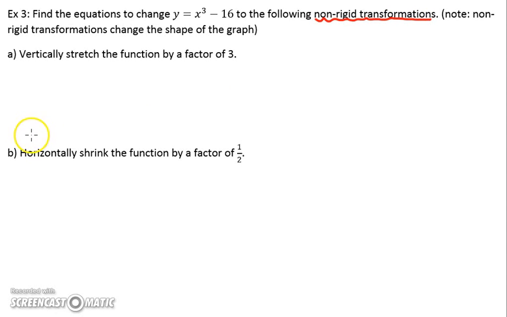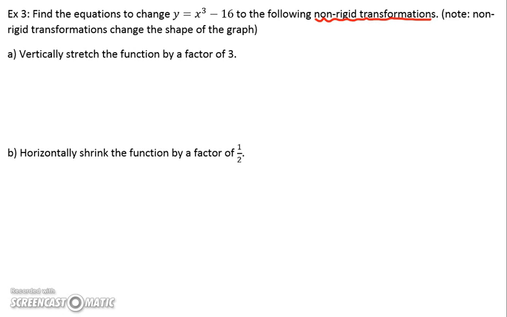So if we were just translating right, left, up, down, that's not changing the shape of the graph, it's just changing the position of the graph. If we reflect over an axis, again, it's not changing the shape, it's just changing the orientation. If we're going to stretch or shrink, that's when we get our non-rigid transformations. That's when we're going to actually change the shape of the graph.